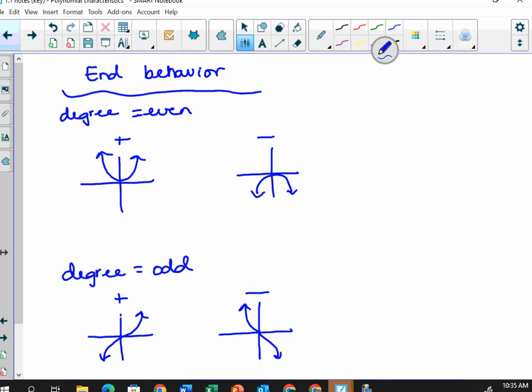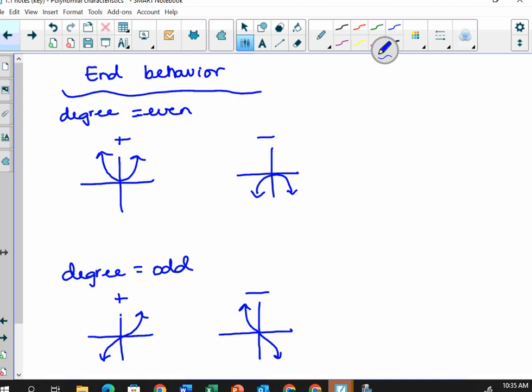Is end behavior familiar to you guys? Just maybe need a little memory jog on it. Okay. So that's what you should be visualizing, if it's even or odd, and then positive or negative leading coefficient. I'll give you another few minutes to work on your graph.